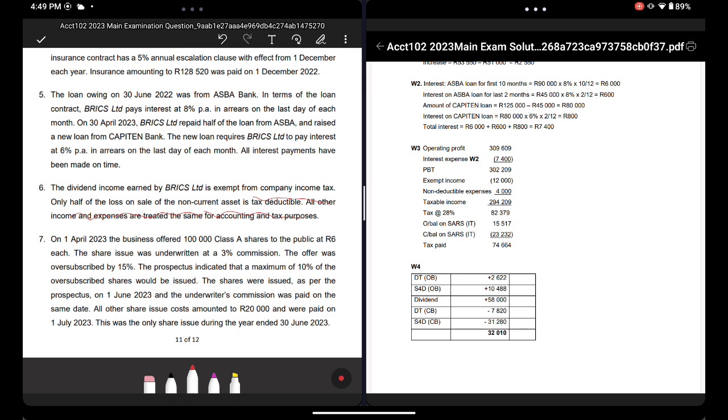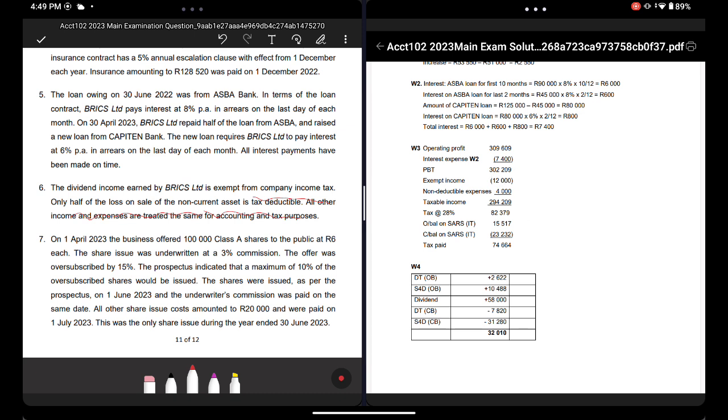After this, what you need to do is adjust for any exempt income or any expenses that are not deductible. So in the profit before tax figure, you have to take out the income. Income is a plus, but to take it out you reverse it, so minus, because this income is not taxable.